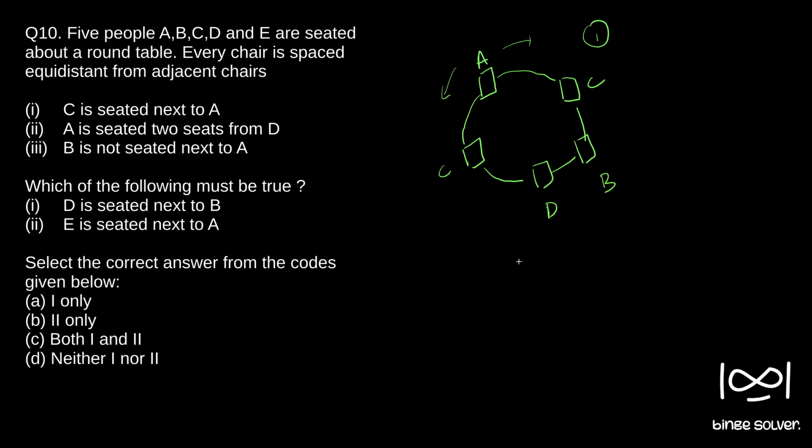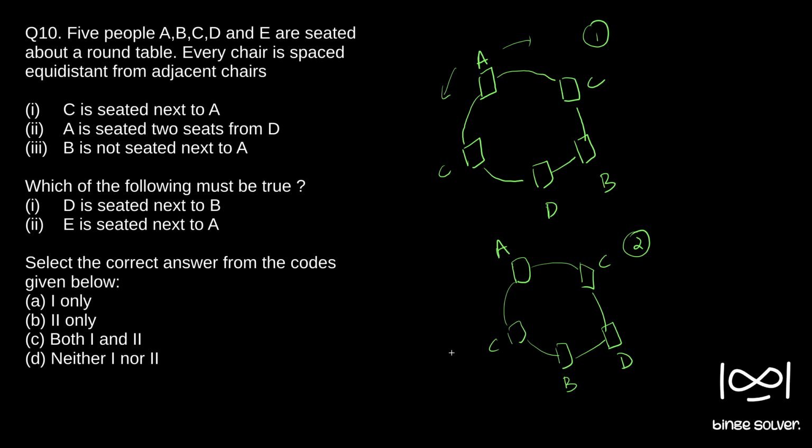Case 2 will be similar: A, C can be either side, and D will be, instead of here, on the other side, and this is B. So these are two cases, case 1 and case 2.